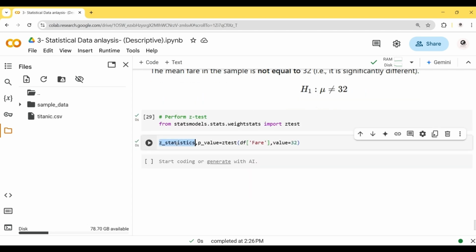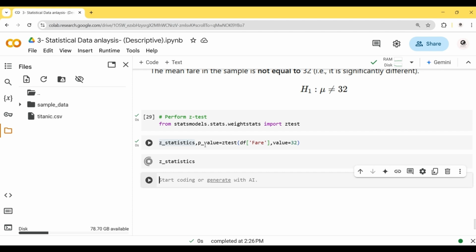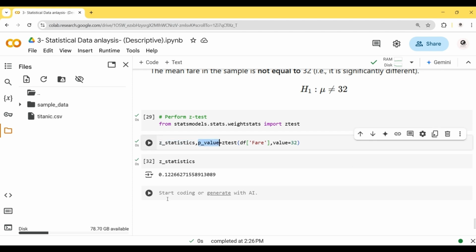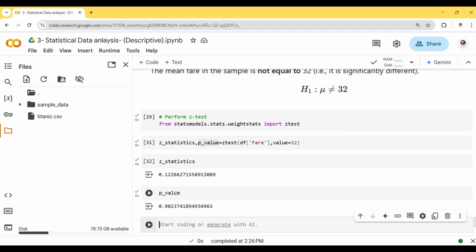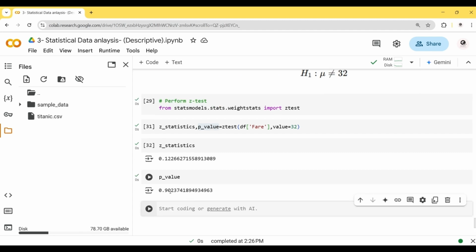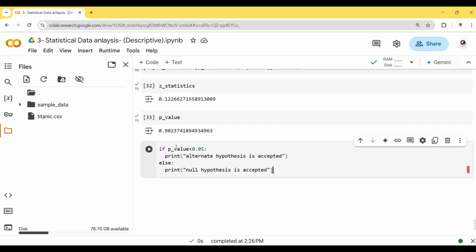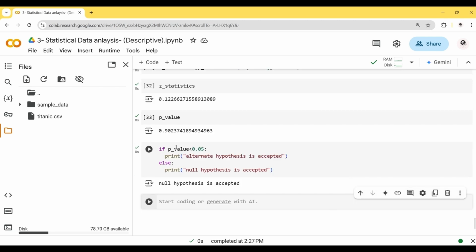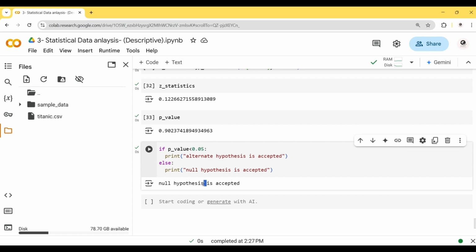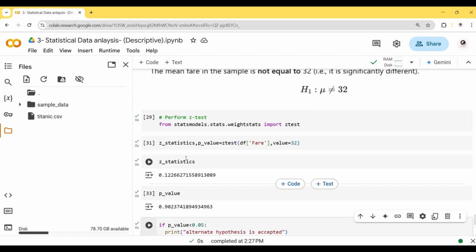After that I am going to print my z statistic value and p value. Here we can see my p value is greater than 0.05. It means the null hypothesis is accepted and the alternate is rejected. So let me write it out in Python. Here we can see the null hypothesis is accepted. So this is the practical of the z-test.